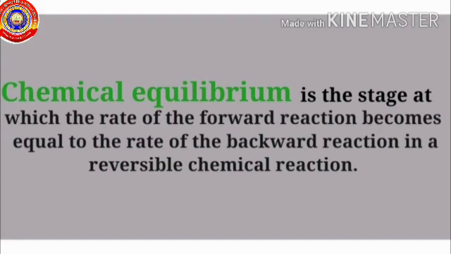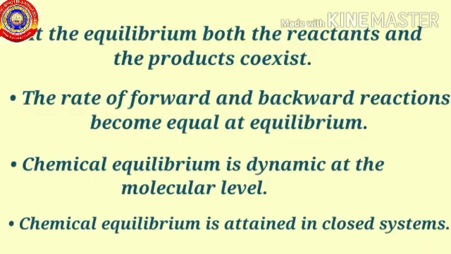The characteristics of chemical equilibrium: at equilibrium, both reactants and products coexist. The rates of forward and backward reactions are equal at equilibrium. A chemical equilibrium is said to be dynamic at a molecular level, and the chemical equilibrium is attained in a closed system. The next important principle is Le Chatelier's principle.